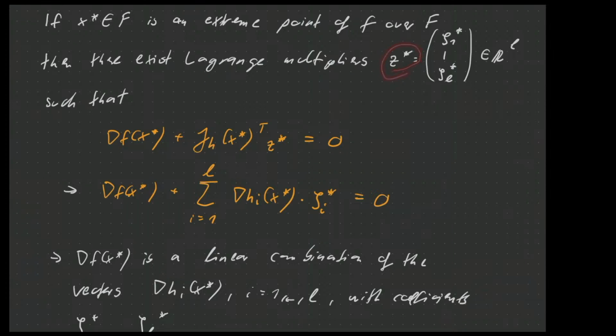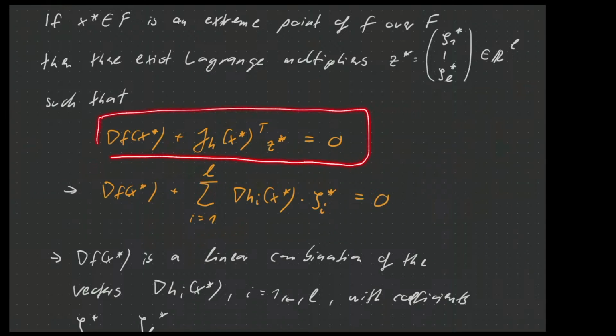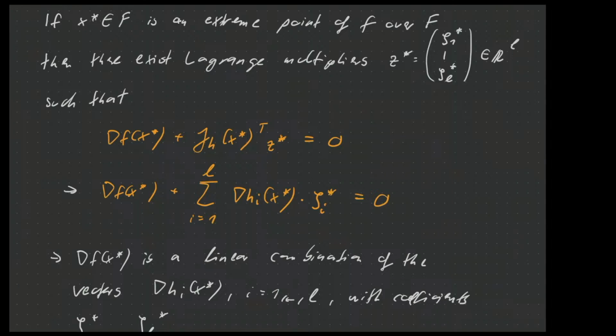Usually denote those by c. One real multiplier per constraint. And those fulfill this Lagrange condition here. So you have the gradient of f plus the Jacobian of h times that multipliers vector. That needs to be 0.